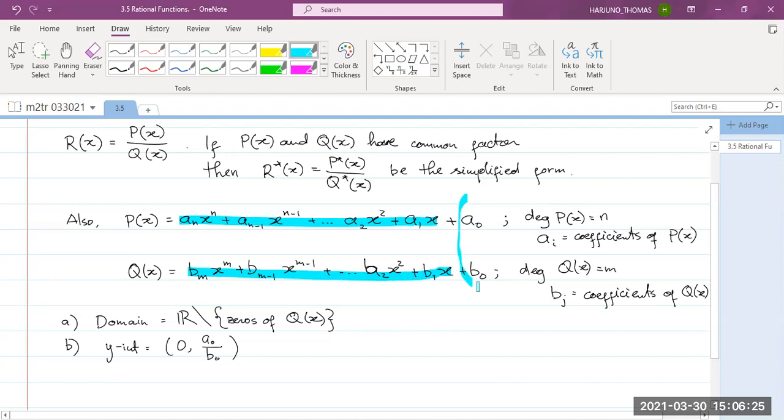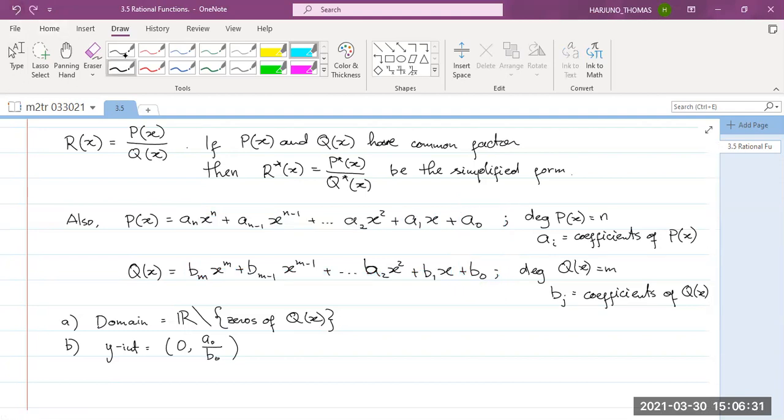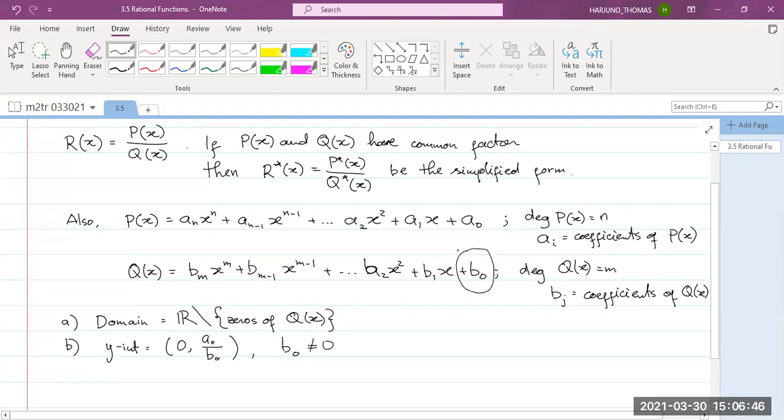So the y-intercept will be the ratio of the constants, basically. Of course, as long as b sub 0, the constant of the denominator, is not 0. Because if b sub 0 is 0, it means x equals 0 is not in the domain.